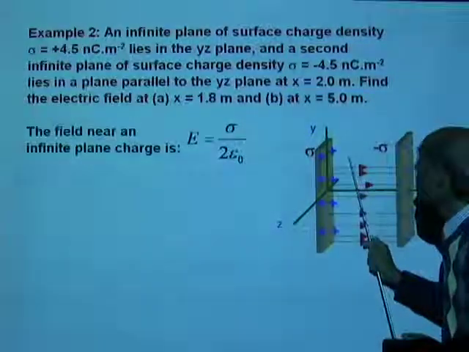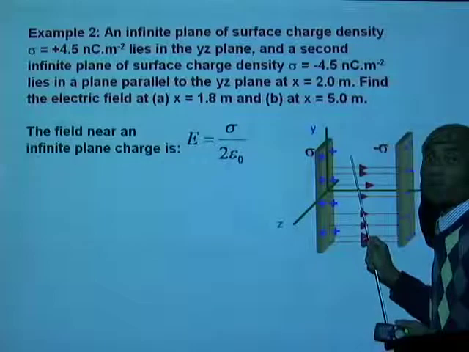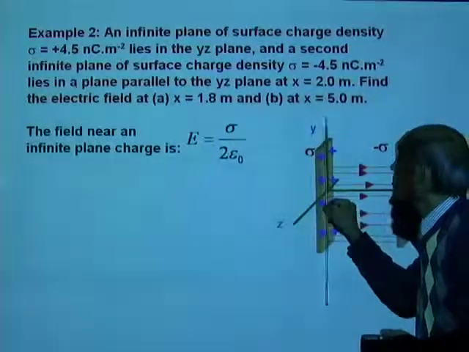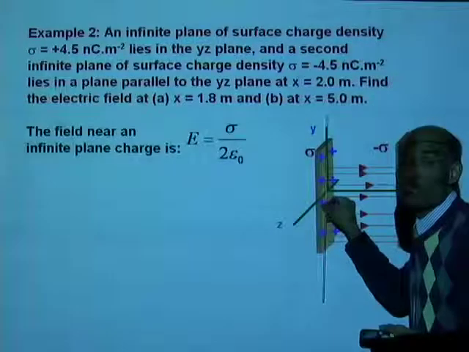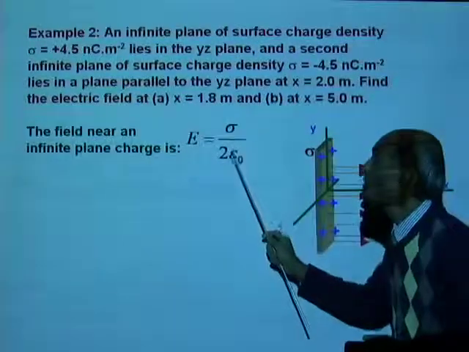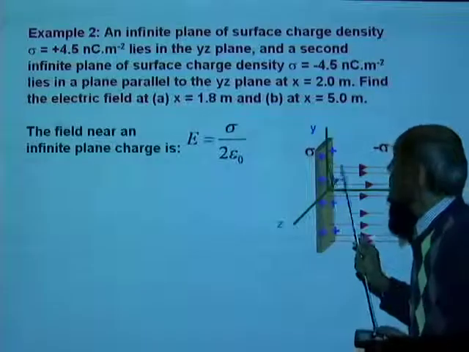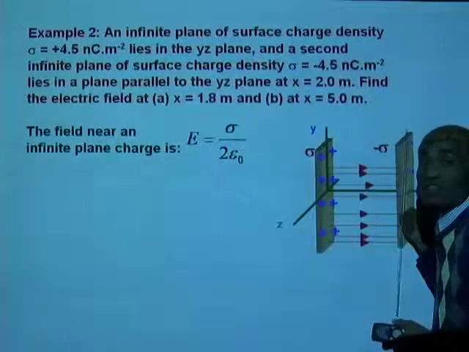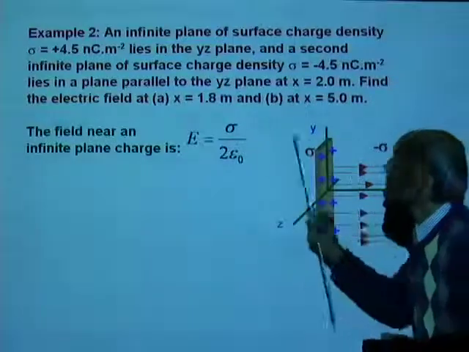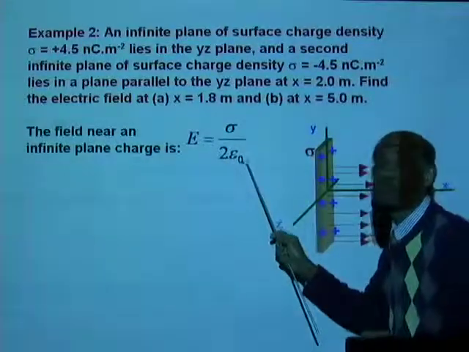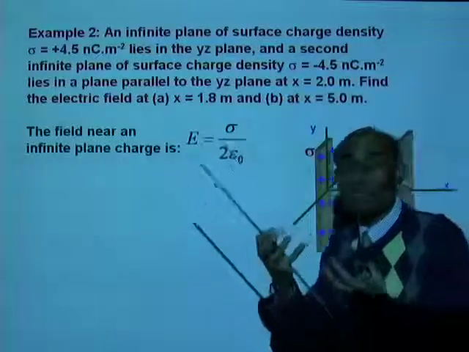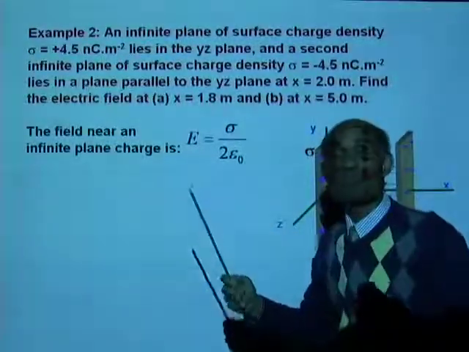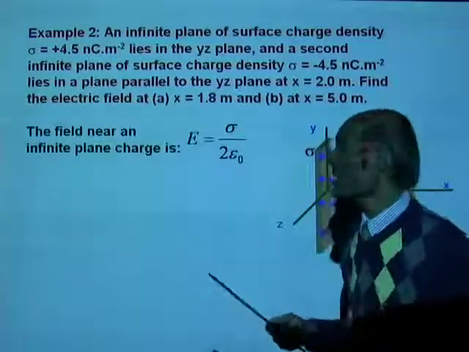So, if you take a point here, the electric field at this point due to the positive plane charge will be sigma over 2 epsilon naught. The field at that point due to the negatively charged plane also will be sigma over 2 epsilon naught, and they are both in the same direction.